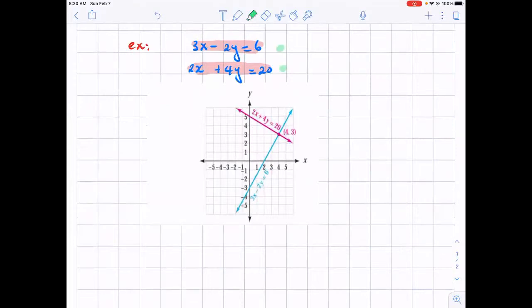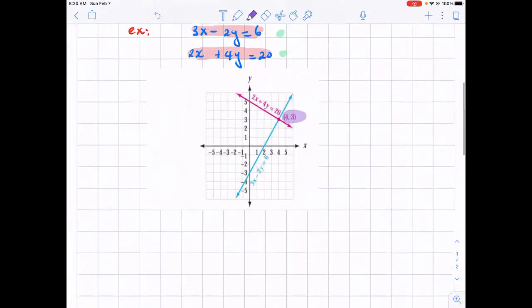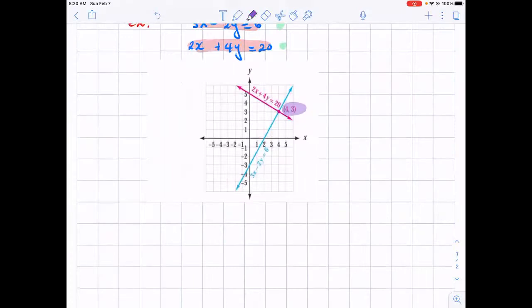You will see that these two equations intersect at a point, and that point is (4, 3). This means the solution is (4, 3), or we can say x equals 4 and y equals 3.